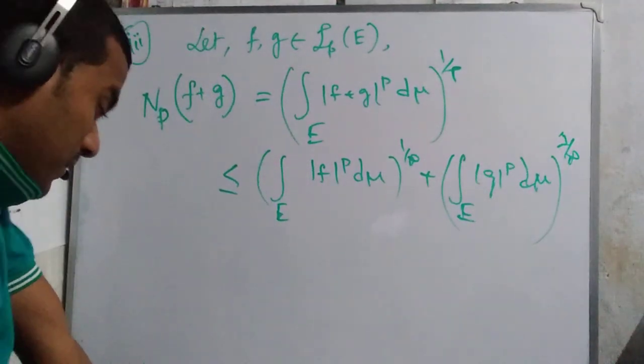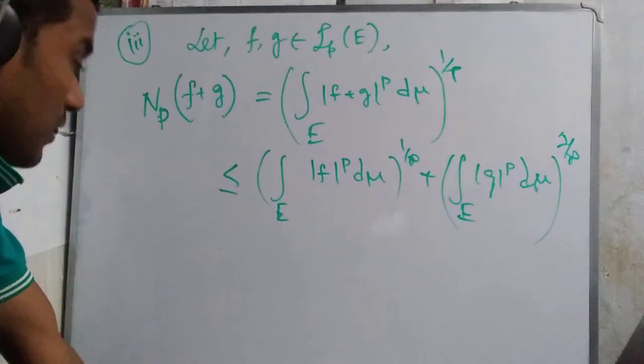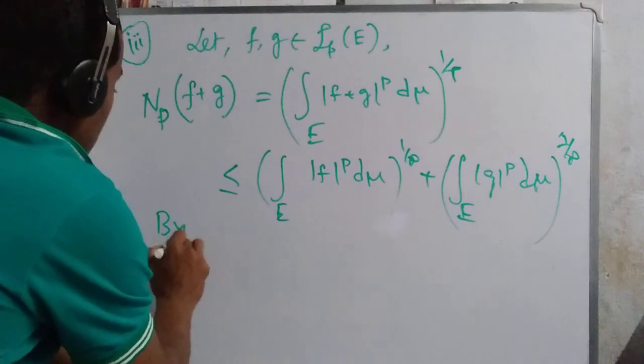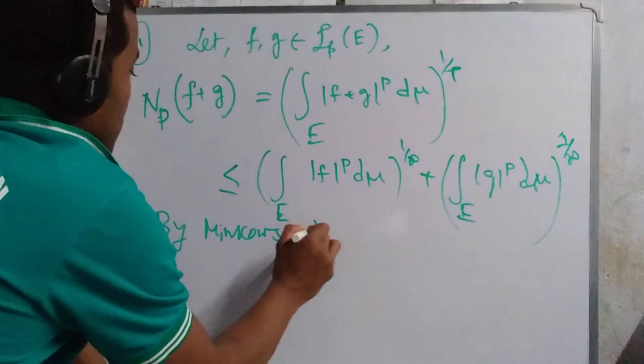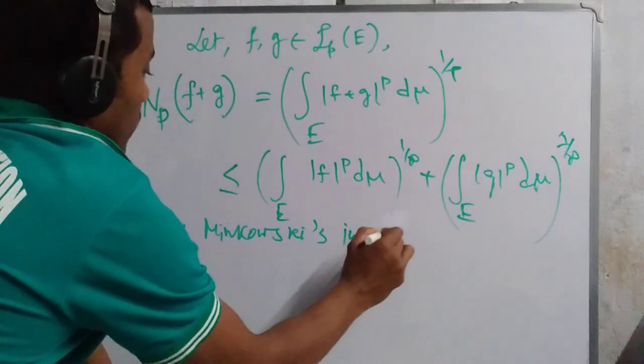How did this happen? We write here: by Minkowski's inequality.